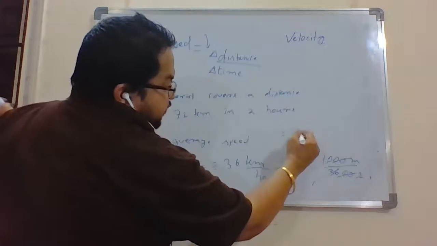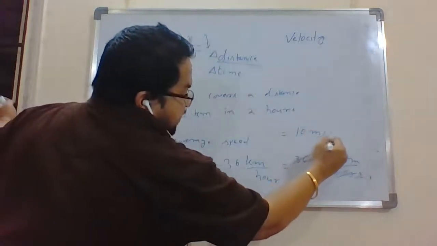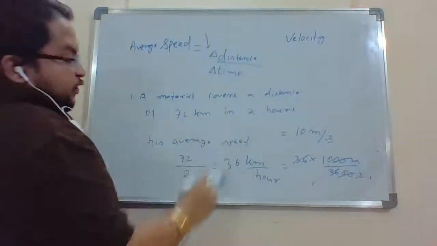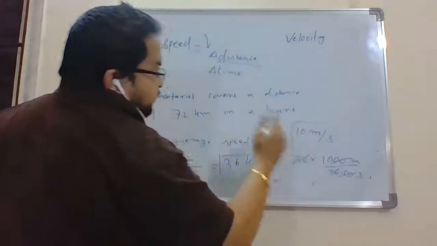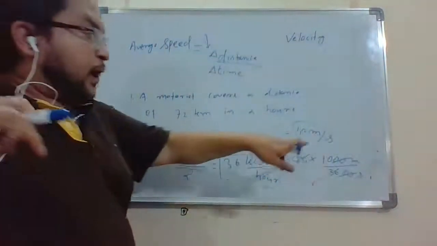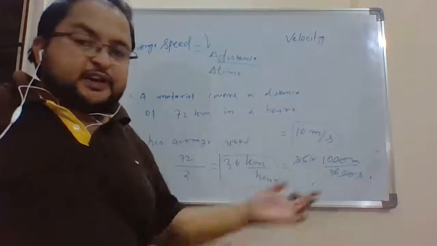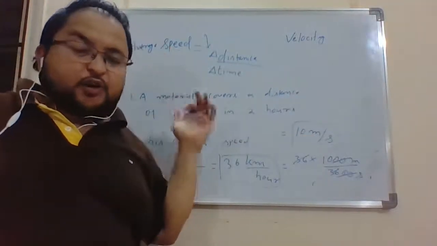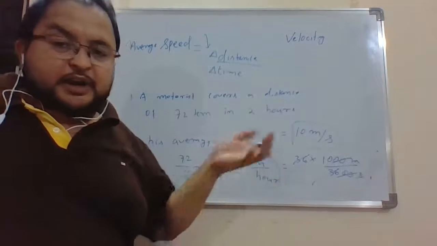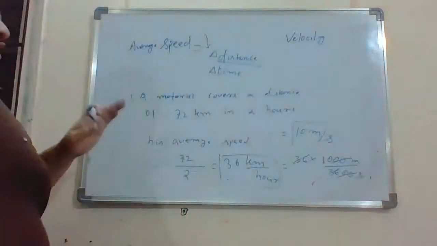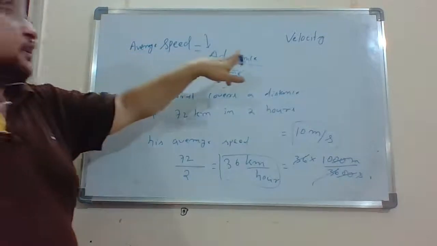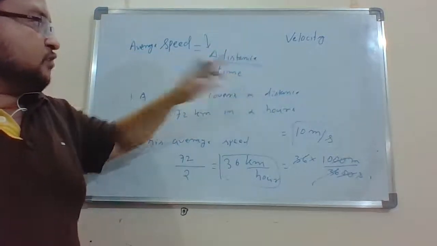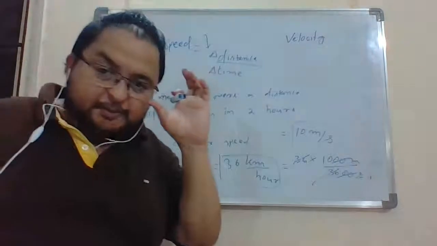So he is also traveling at 10 meter per second. You can either express in this unit or any other unit. If you want to go by centimeter per second, your call. It depends on how it is expressed in the problem, and you can just use the same one. So the basic thing that we have seen: the average speed is distance covered divided by the time elapsed.